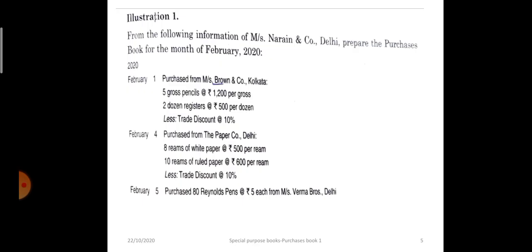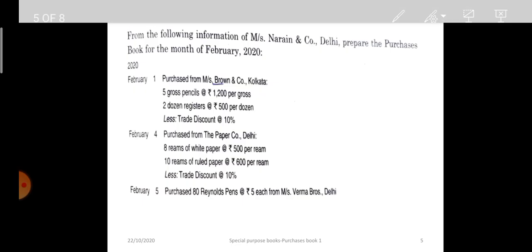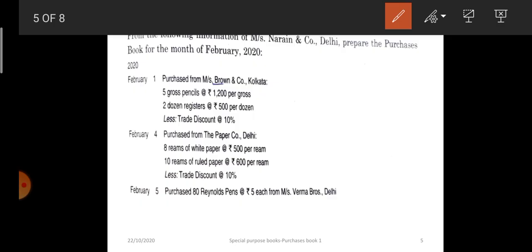I am not taking any other illustration, so that you can refer to the book also. According to this illustration, Messrs. Narayan and Company of Delhi, this book we have to maintain, purchase book. The first transaction is purchased from Messrs. Brown and Company of Kolkata.